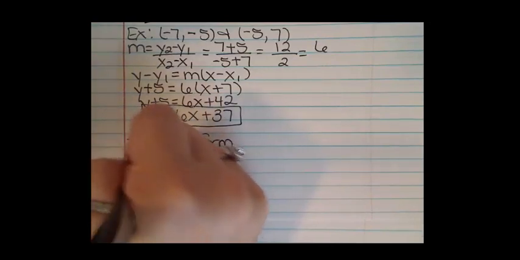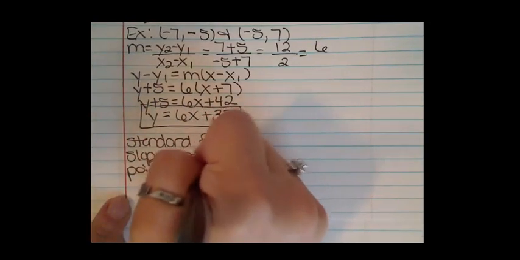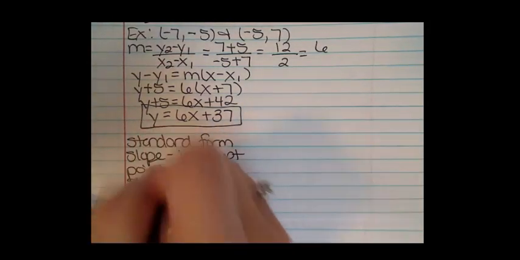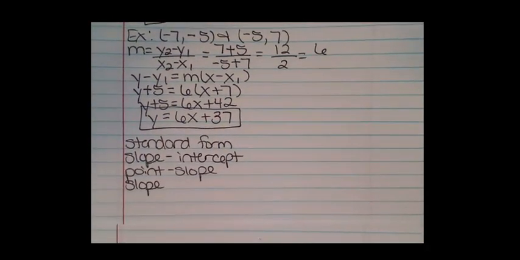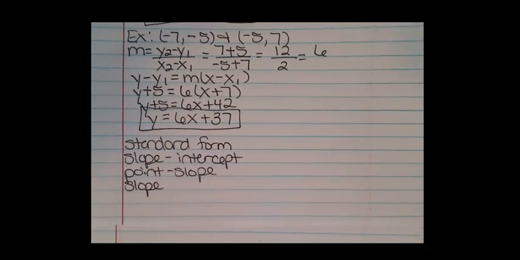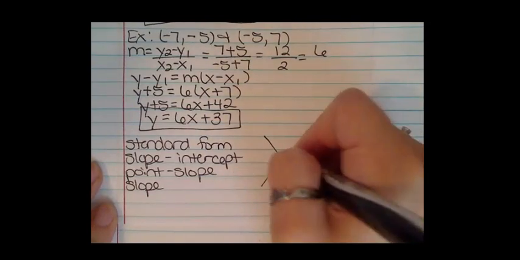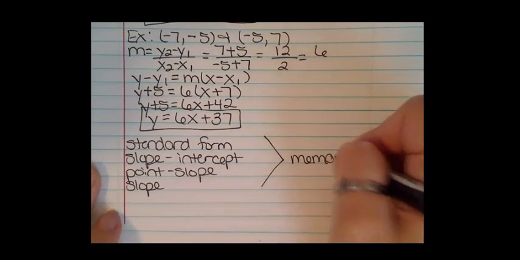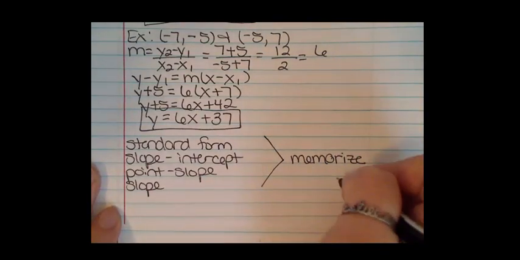If you don't have these memorized, it's going to take you a lot longer to complete your assignment, so I really recommend memorizing these because it's going to really help out your math life and a lot of your science actually too. You're going to use this in your science classes. So I'd really recommend memorizing these 4 forms. Alright, let's go get your homework open.